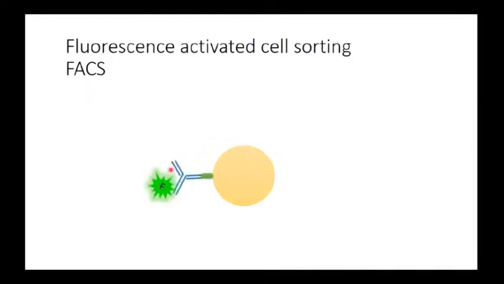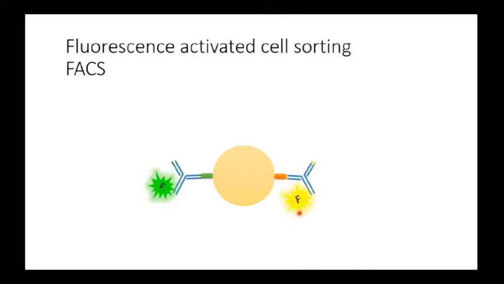Then if the cell only has a green fluorophore signal, we know that this cell is expressing one protein, the green one. If the cell is emitting yellow light, then the cell is expressing only the second protein. And if the cell is giving two signals on the two detectors, then we can say that the cell is expressing both proteins.